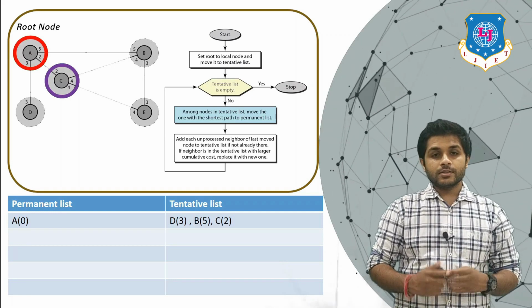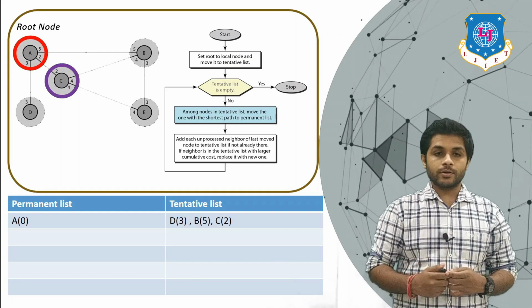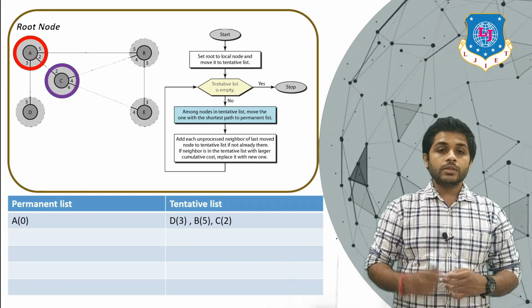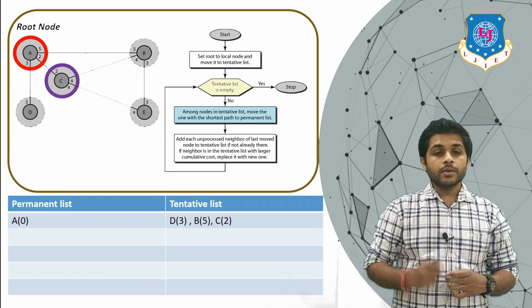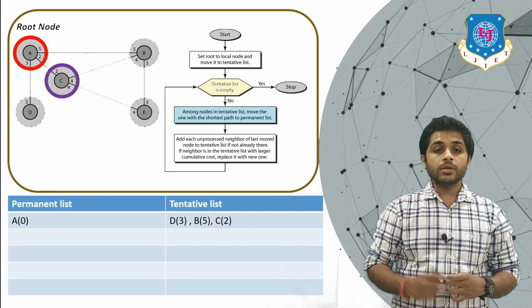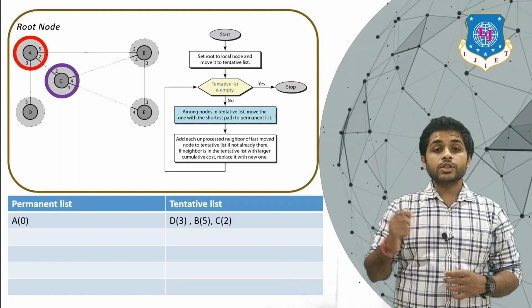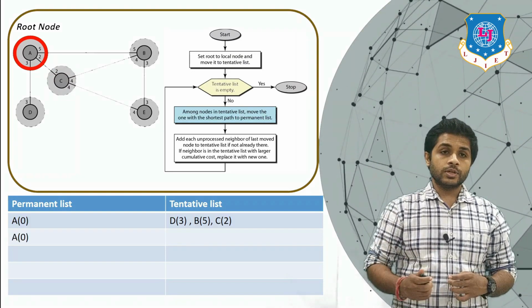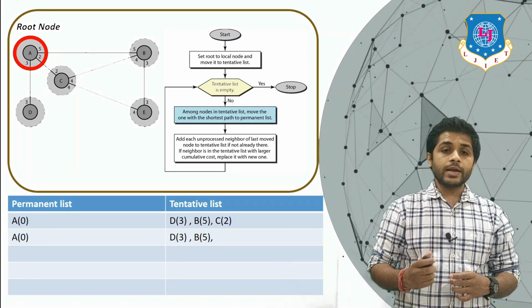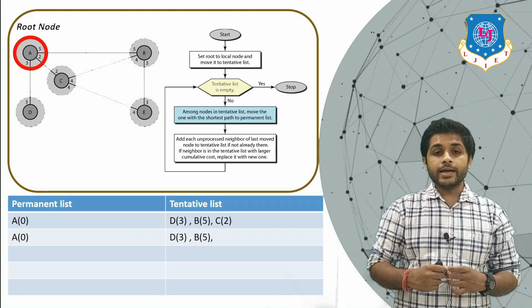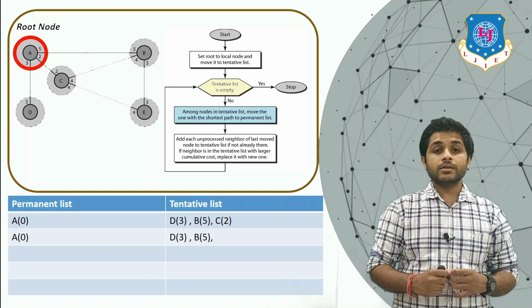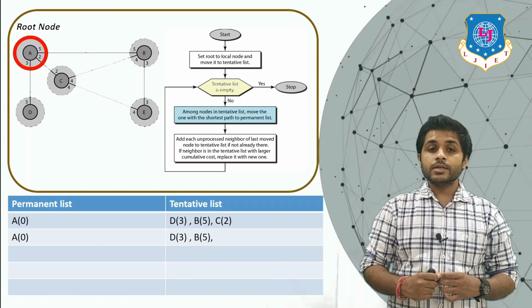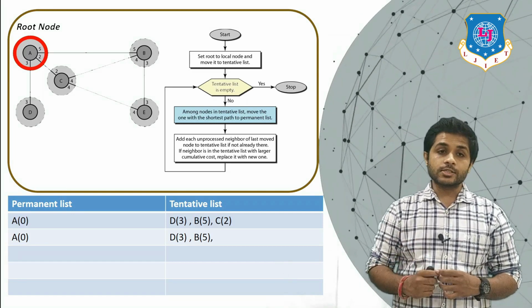After that, the same procedure will be followed. Again, we will move the node from tentative list to permanent list. But which node will be moved? The node which is having the shortest distance. So let us write all the nodes as it is, and from the all nodes, the node C is having the shortest distance.